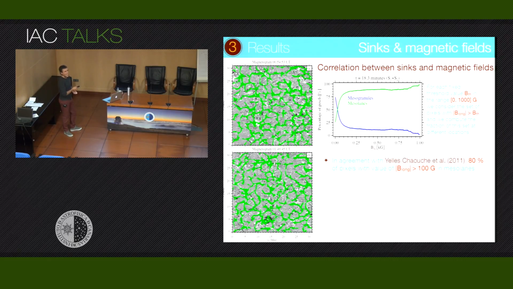I take this threshold, and then I take the set of pixels in my field of view with values above this threshold, and I compute the fraction of this set of pixels in mesolanes, in blue, in green, and in mesogranules. And I find that most of them, 80%, are in mesolanes. This means values above this threshold. They are also the ones with kilogauss values inside these statistics.